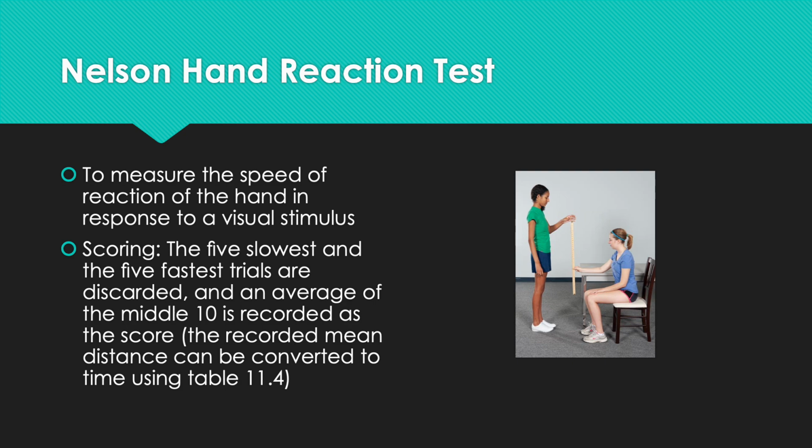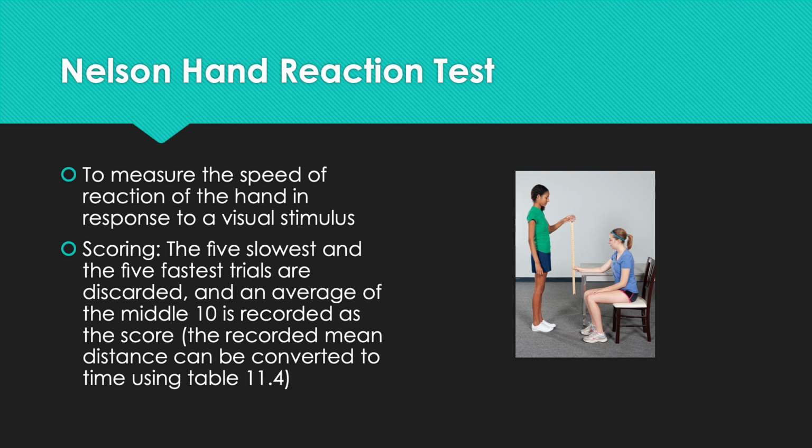One way to measure reaction time is the Nelson hand reaction test. This is used to measure the speed of reaction and the hand response to a visual stimulus. This is done by taking 20 trials where the clinician stands in front of the patient with a ruler just above the patient's hand, and then the clinician drops it and the patient is instructed to pinch the ruler, and then you measure where they pinched.